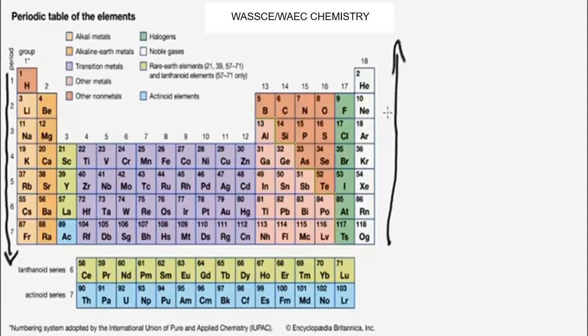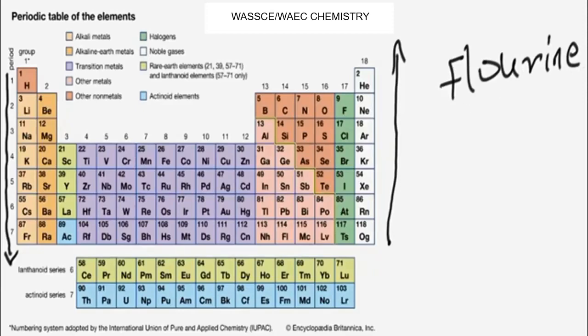So the reactivity of non-metals increases up the group, as you're going upward. For non-metals, elements in group 7 are considered the most reactive non-metals. Note that fluorine is the most reactive non-metal, because it might come in your MCQ chemistry question.